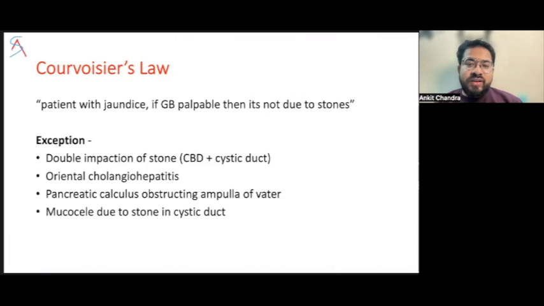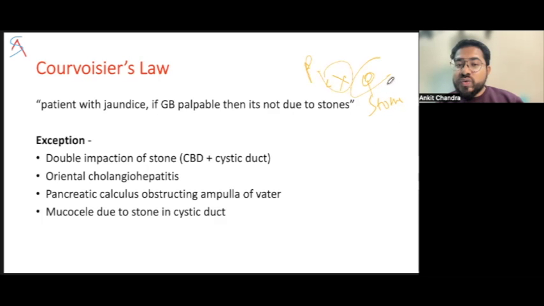So now coming to Courvoisier's law, which I was talking about a lot in the initial part. What this law states is that in a patient with jaundice, if the gallbladder is palpable, it's not due to stone. If a patient has stone in his gallbladder, then his gallbladder won't be palpable. This you have to remember.